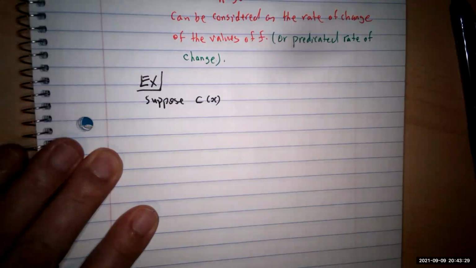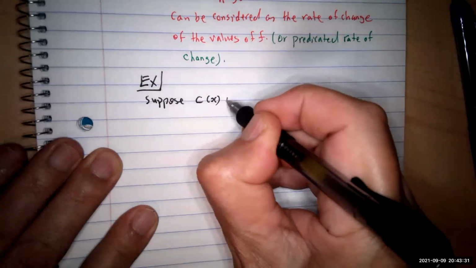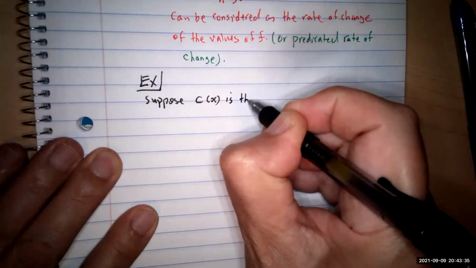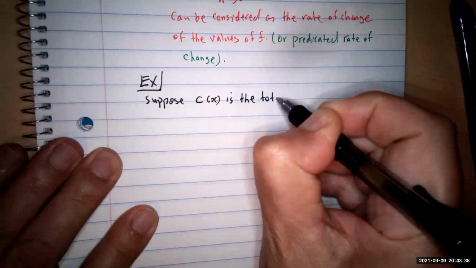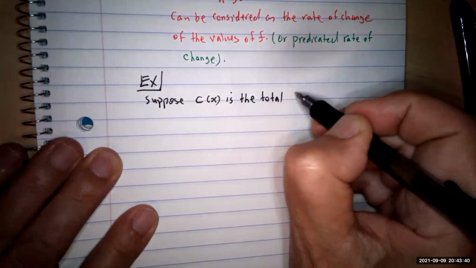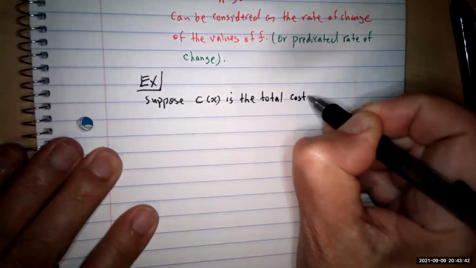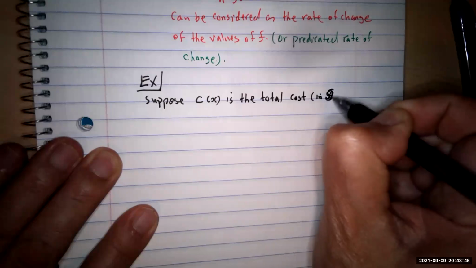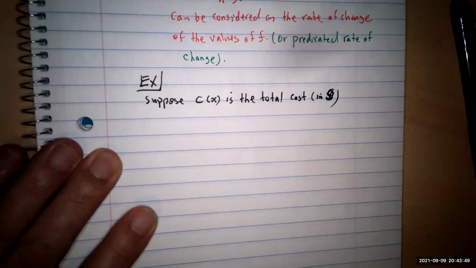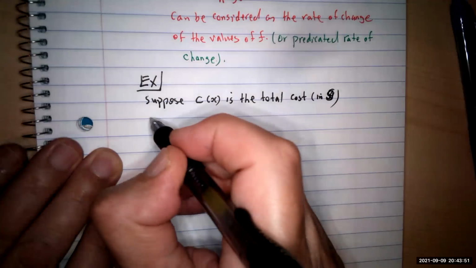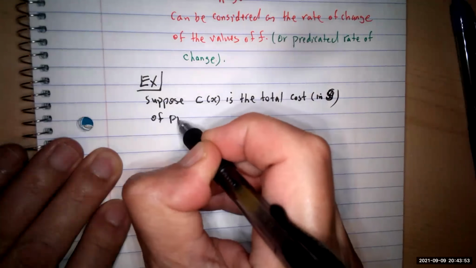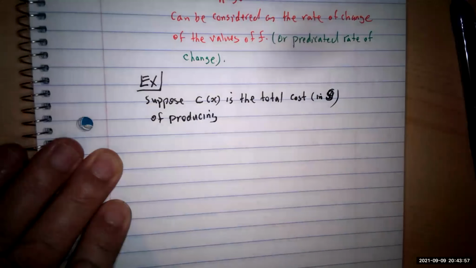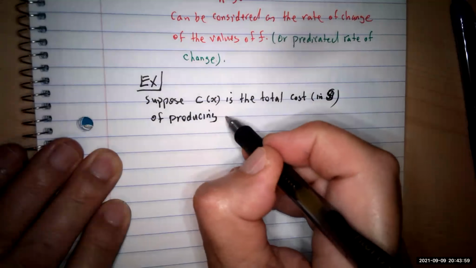In this course, C of x is the total cost in dollars of producing, manufacturing, x number of cars.